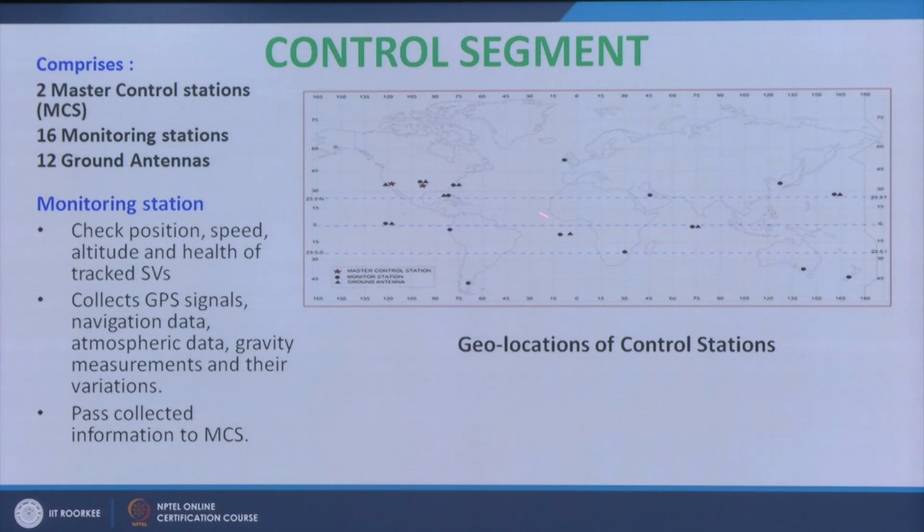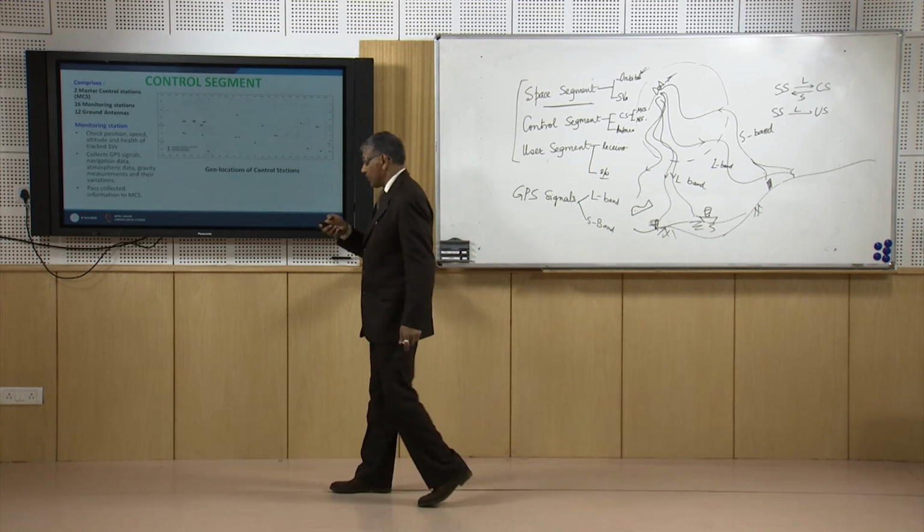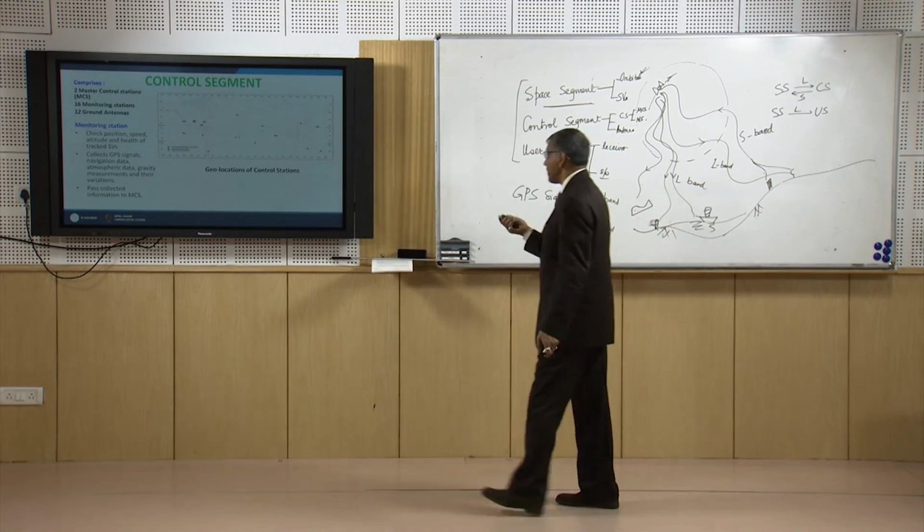One more thing you can note down: initially the monitoring stations were near the equatorial plane, and later they have been taken up to 23rd or 30 degree latitude plus minus. Most of them are, but a few divisions are there, mostly concentrated within this zone. So that is the advantage. There will be some advantage from a design point of view which is beyond the scope of this course anyway.